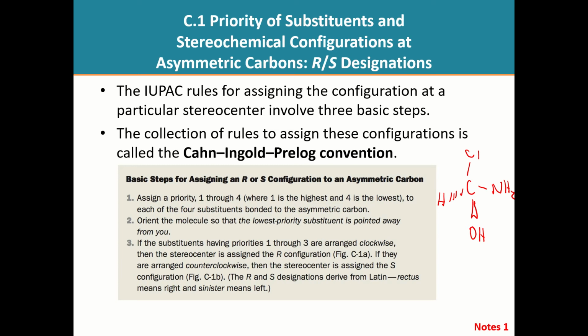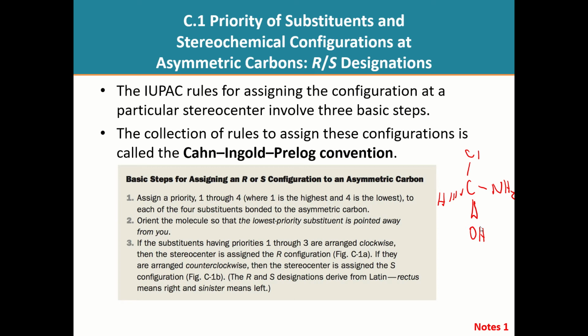And the way you prioritize these 4 groups, the chlorine, nitrogen, oxygen, and hydrogen, is looking at the periodic table and looking at the atomic mass. Chlorine has an atomic mass of 35.45, nitrogen is 14, oxygen is 16, and hydrogen is 1. So you just rank the groups based off of their weight.